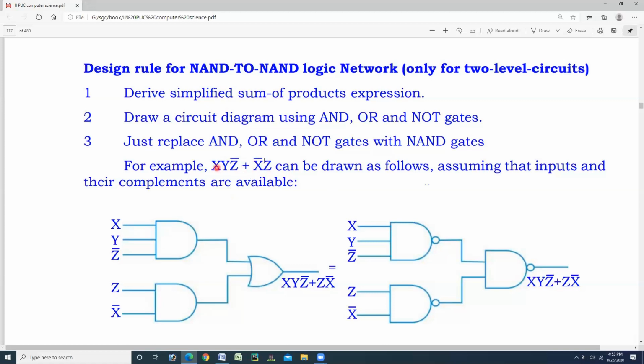So the outputs of the first and second AND gates will be the inputs for the OR gate. Then the result will be X Y Z complement plus X complement Z.